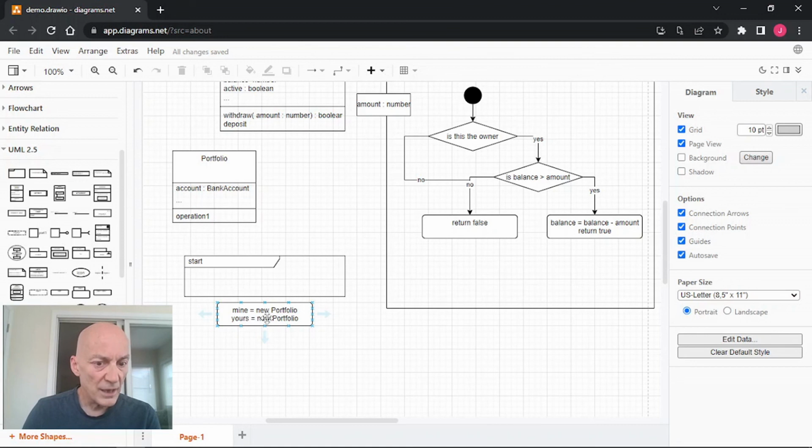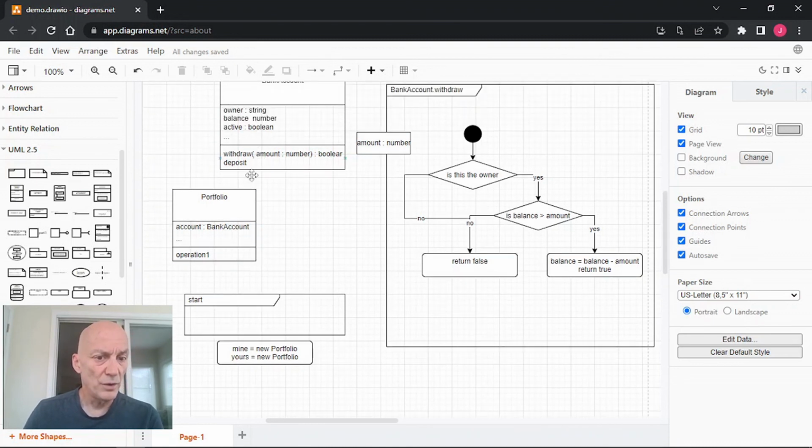And that's how each one of these can have a separate bank account. The value of the bank account property for mine is different because it's in a different memory location than the account property for yours. And of course, then the portfolio object would probably create a new bank account.